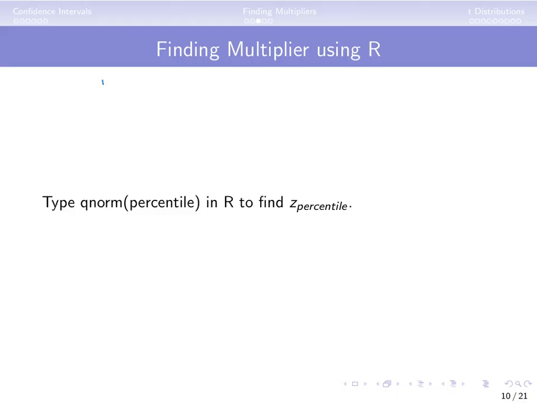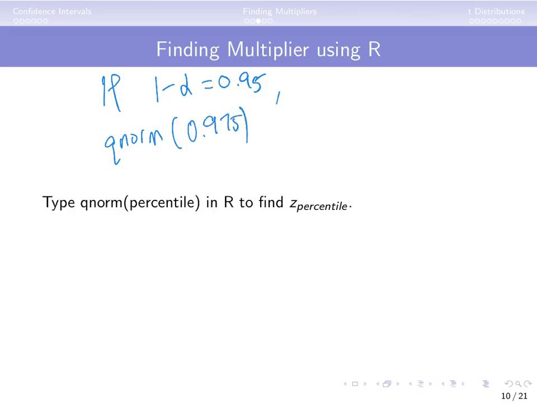So if we are working with 95% confidence, then we type in qnorm 0.975, right? Because 1 minus alpha over 2 would then be 0.975. We already explained why this is 1 minus alpha over 2. So you put in the percentile over here, and if you type it out, it will give you 1.96, right?